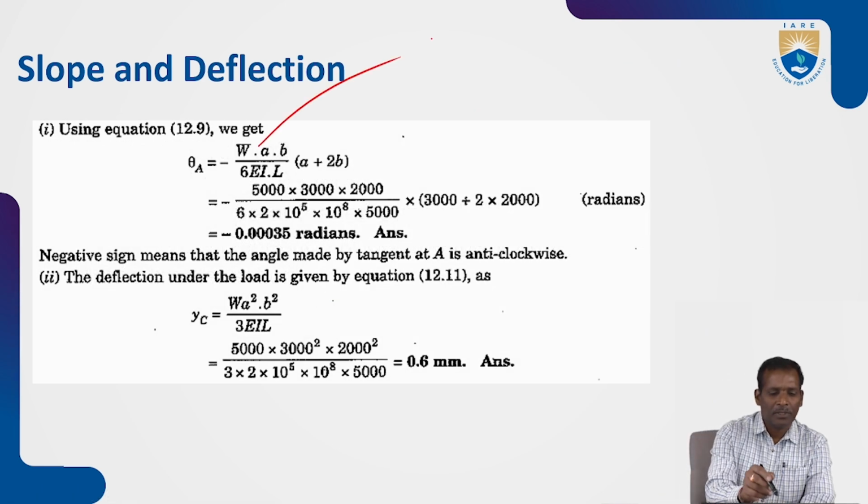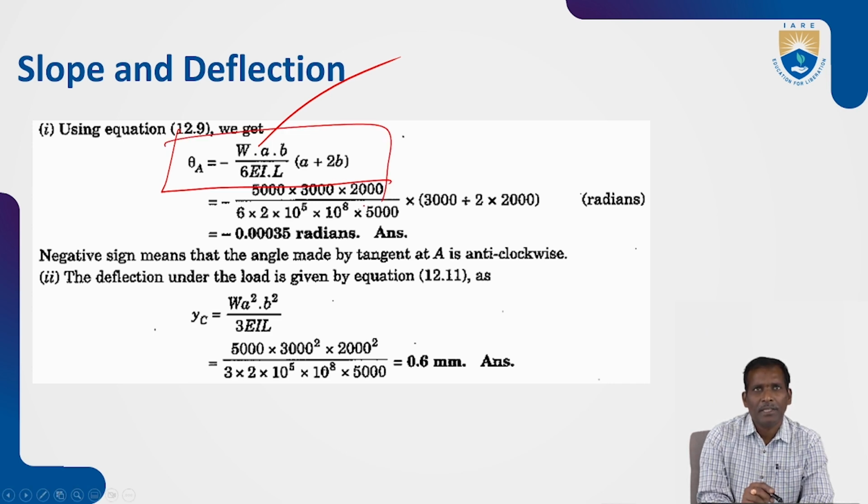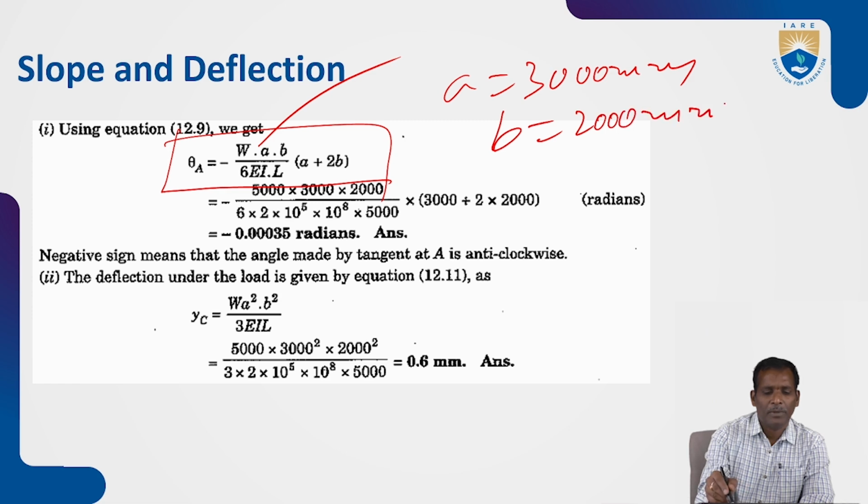Using this equation, already we have covered in the theory part. Theta A is equal to W into AB by 6EI L into A plus 2B. You know the A value 3000 mm and B value 2000 mm.